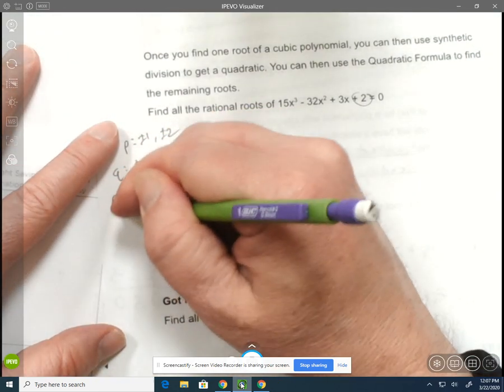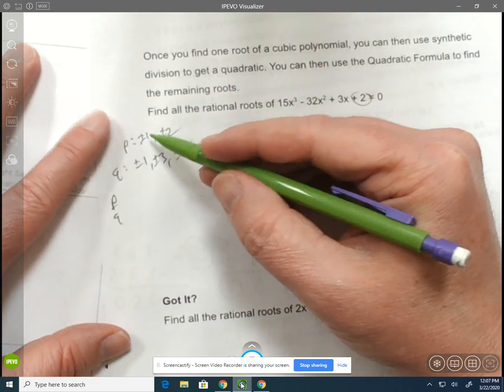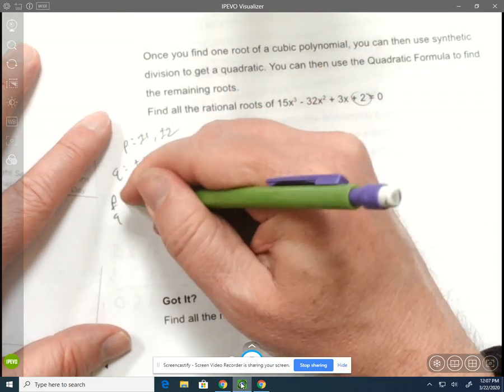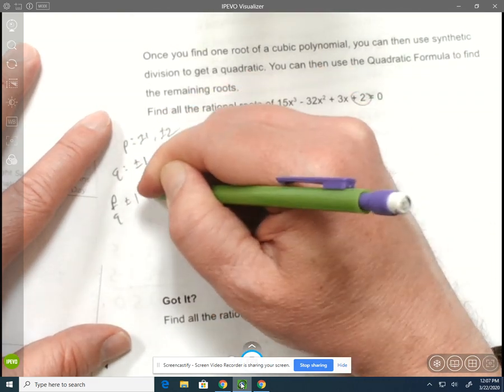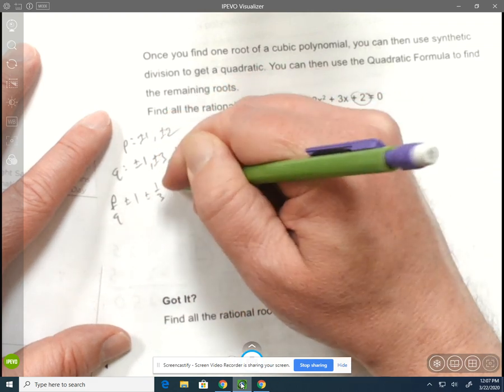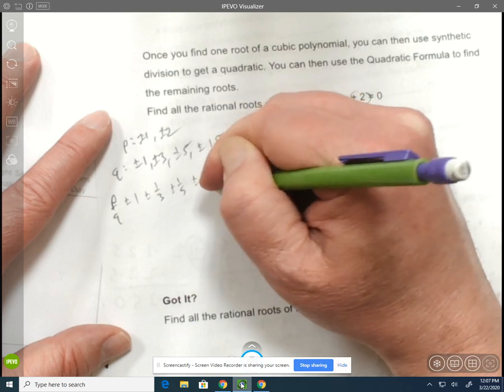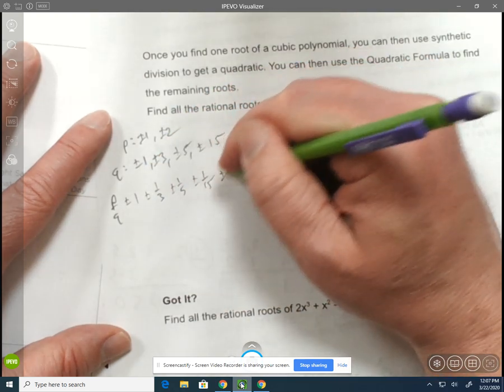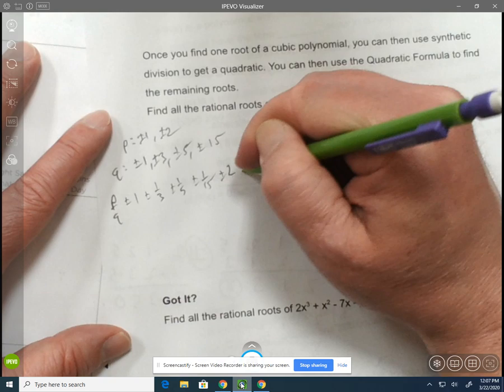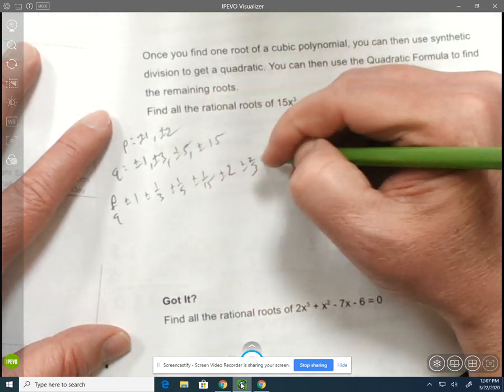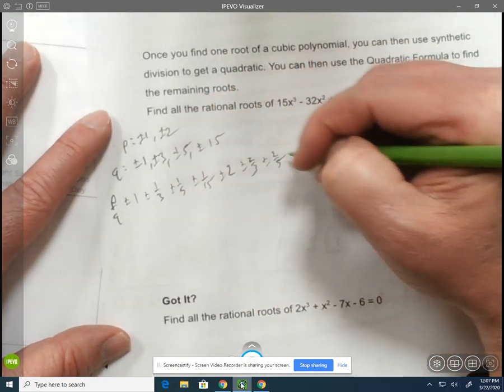So p over q are all the different fractions I can make of p over q. So I can go 1 over 1. I can go 1 over 3. I can go 1 over 5, or I can go 1 over 15, or I can go 2 over 1, 2 over 3, 2 over 5, or 2 over 15.